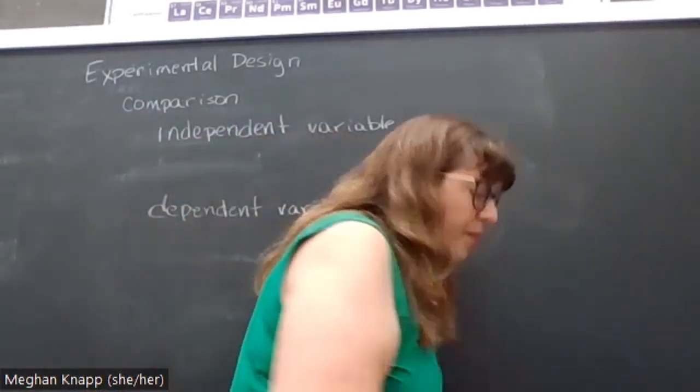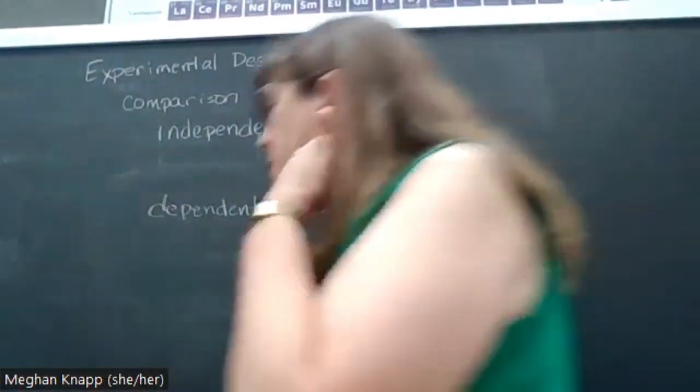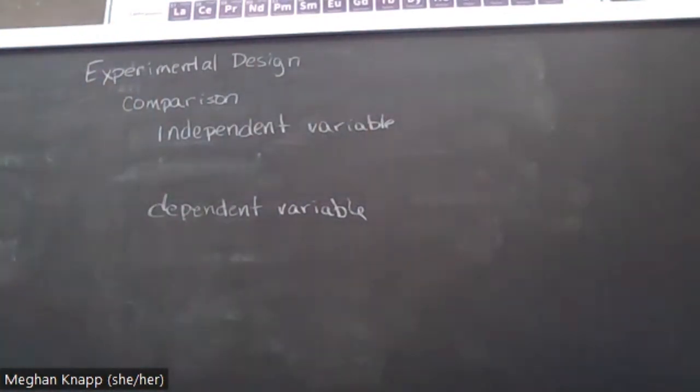So in science, we are doing a comparison. Our comparison is between things that we call the independent variable and the dependent variable. So generally, we are looking for causality. We're looking for one thing causes something else to happen. Now, sometimes we're doing a correlational study, just seeing if they are related.